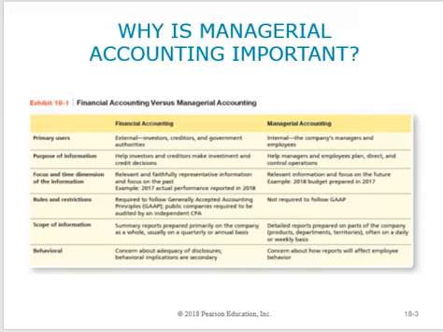The scope of information for financial is based on the whole business, the entire business, whereas managerial is focused on one piece, one part of the business. They're going to look at a certain area to maybe improve operations.